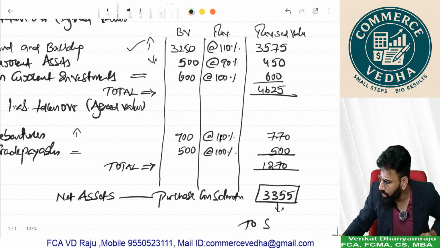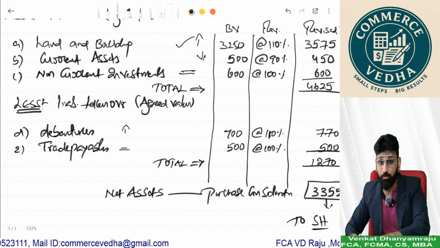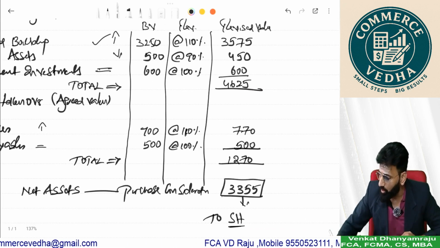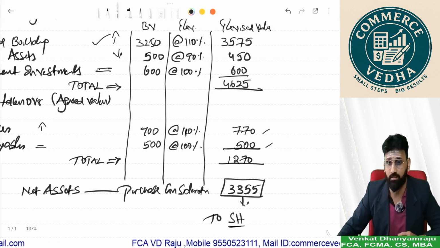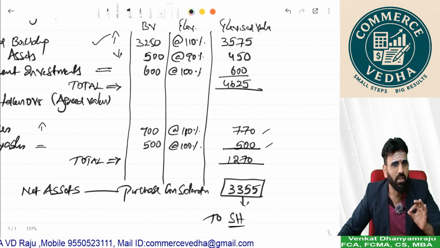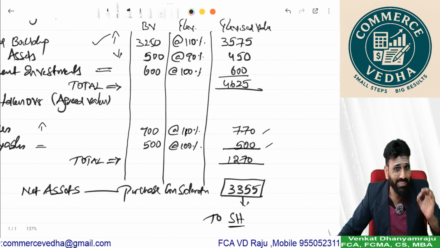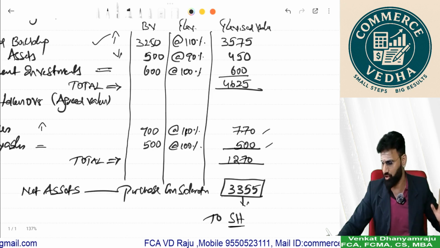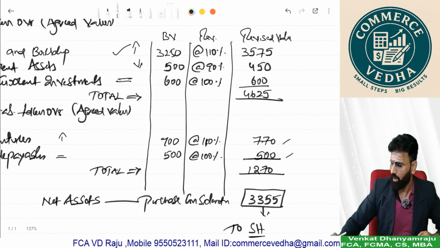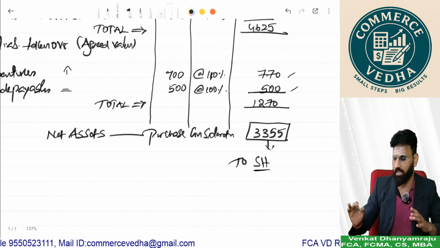To shareholders. Because we reduce the amounts payable to debenture holders and creditors. As per the definition also, purchase consideration specifically excludes payment to debenture holders, creditors, lenders, or for expenses or liquidation. So this is the net assets. So the total purchase consideration is 3355.